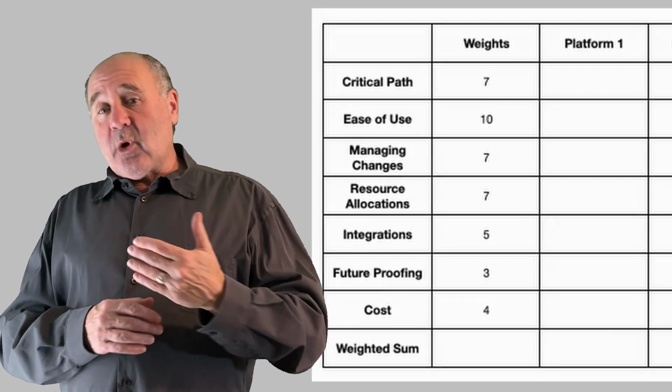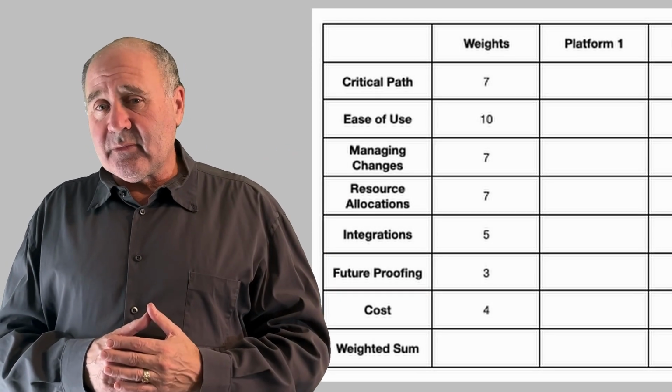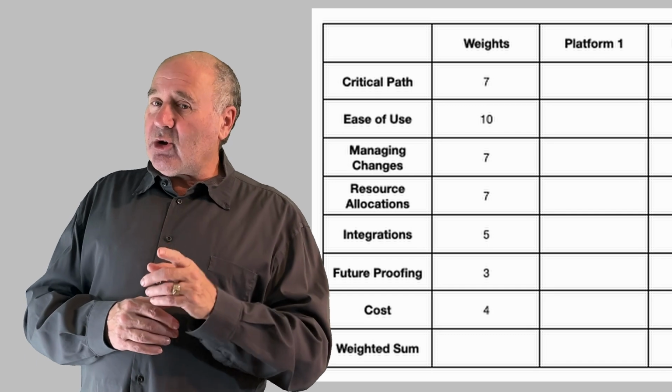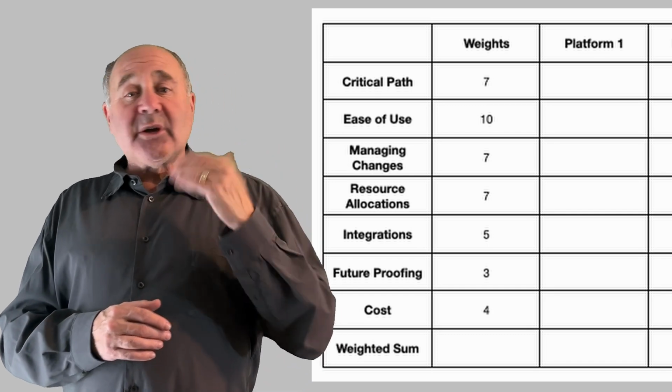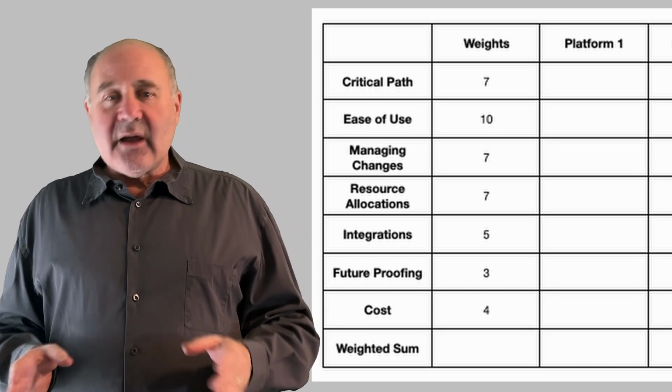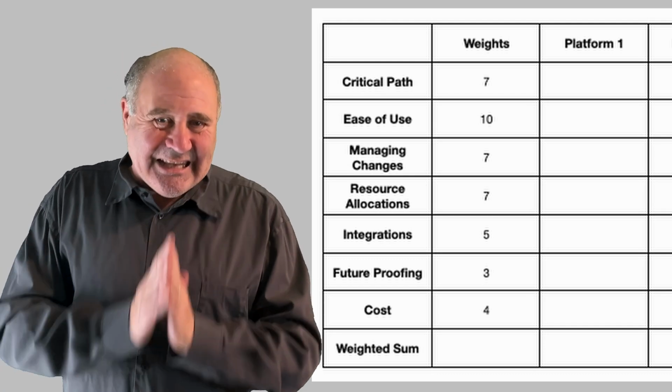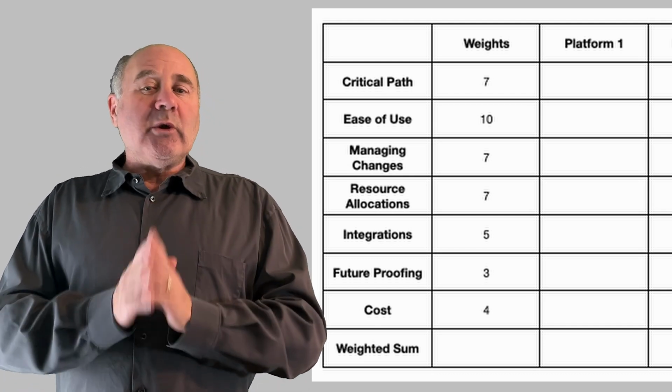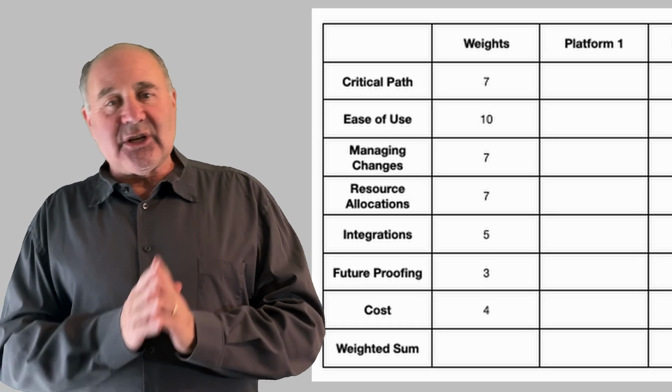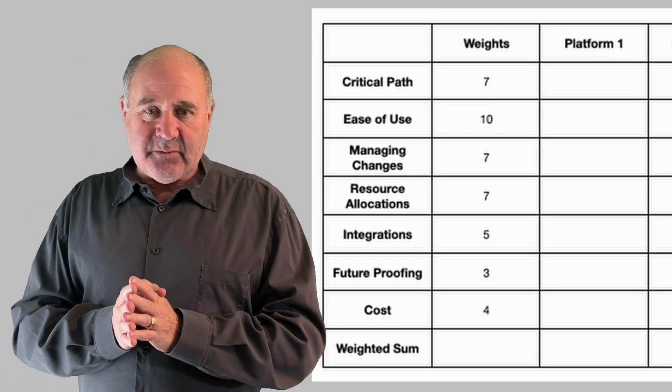As you start to review your platforms, I create a table like this, with each row being a topic to consider. I didn't include Gantt Chart or any of the earlier features because I see those as requirements, that if the platform can't easily create a Gantt chart, I wouldn't bother scoring it for managing adaptive projects.